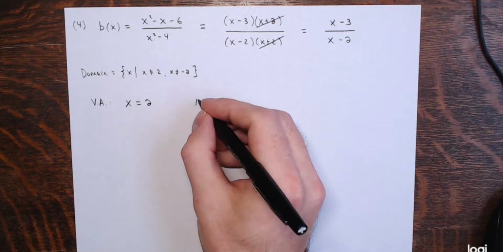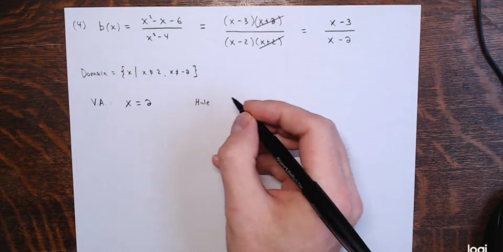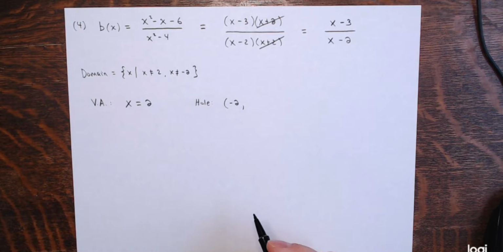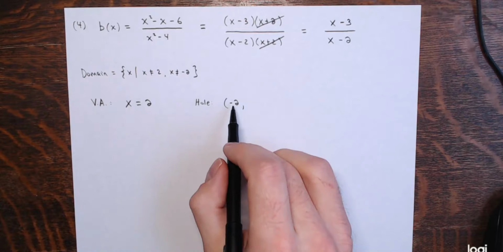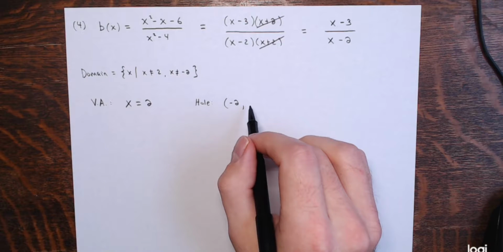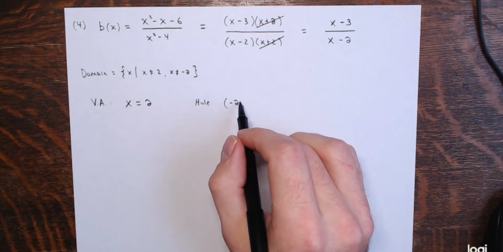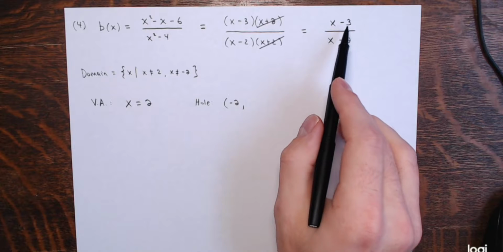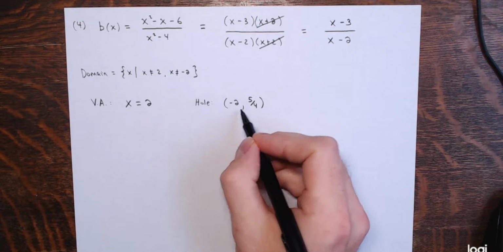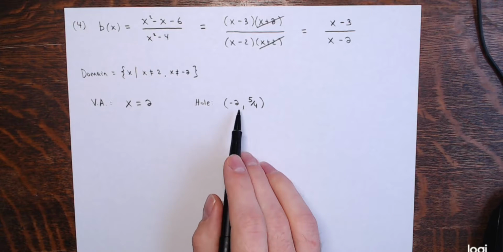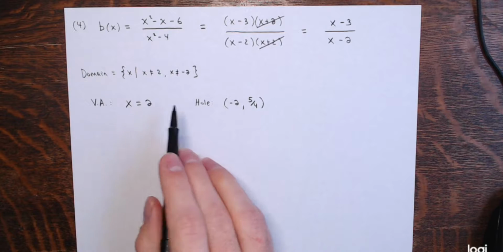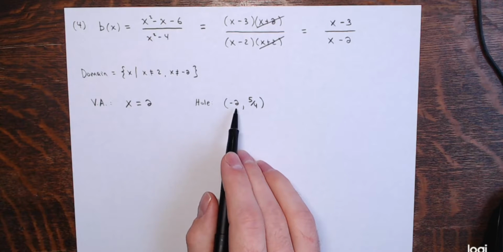And there's going to be a hole in the graph at x equals -2. If you want to figure out where that hole is, remember you plug -2 into the simplified version, and that'll tell you where that missing point's going to be. If I plug in -2, you got -5 in the numerator, -4 in the denominator, that'd be +5/4. This is going to be an open point, a missing point. So vertical asymptote at x equals 2, and a hole when x equals -2.